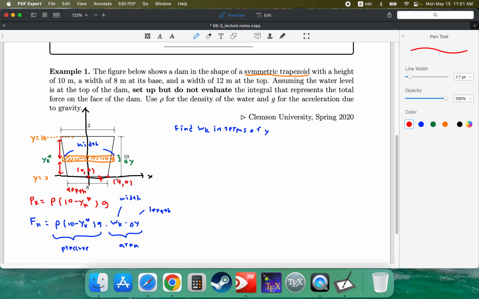And the width on the top is 12. Because it's symmetric, that means this is 6. Therefore, this point should be 6, 10.